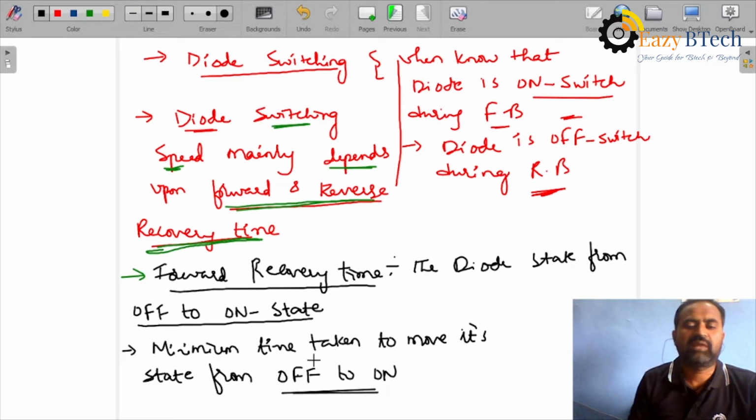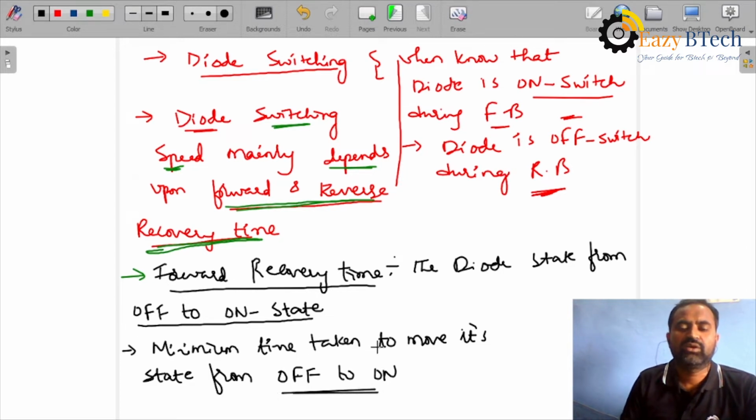The minimum time taken by a diode to move its state from off to on state is known as forward recovery time. What is forward recovery time? It means from off state to on state, the time taken is called the forward recovery time.